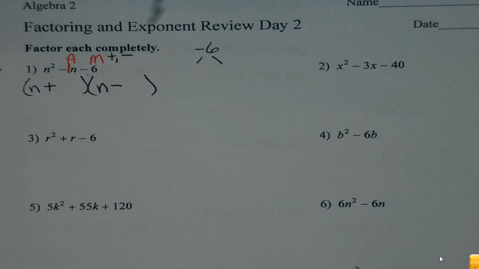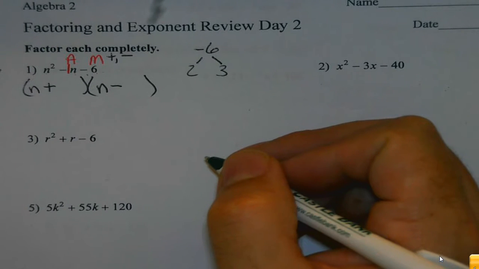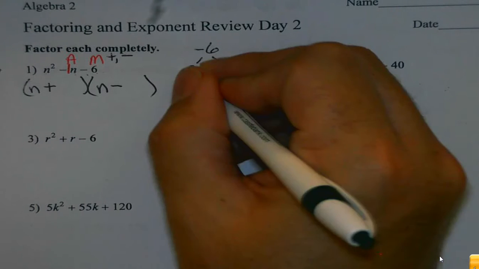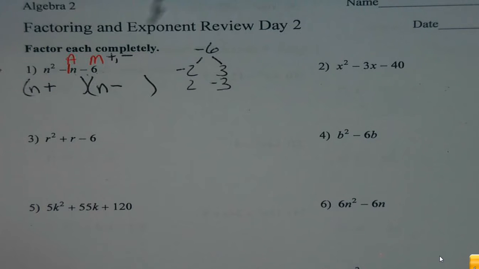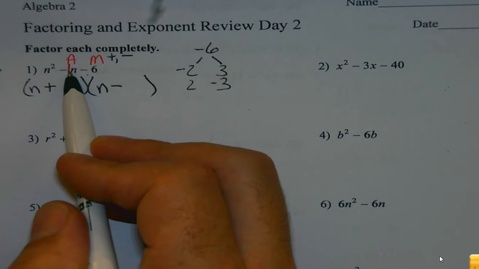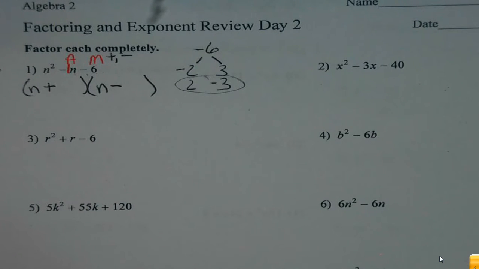So I may start thinking, okay, well, 2 times 3 is 6. Hey, and they're like 1 apart. But then here's the question. Which one of the 2 options do I want? Which one of those 2 pairs is going to add up to -1? This one, because I want the bigger number to be negative.